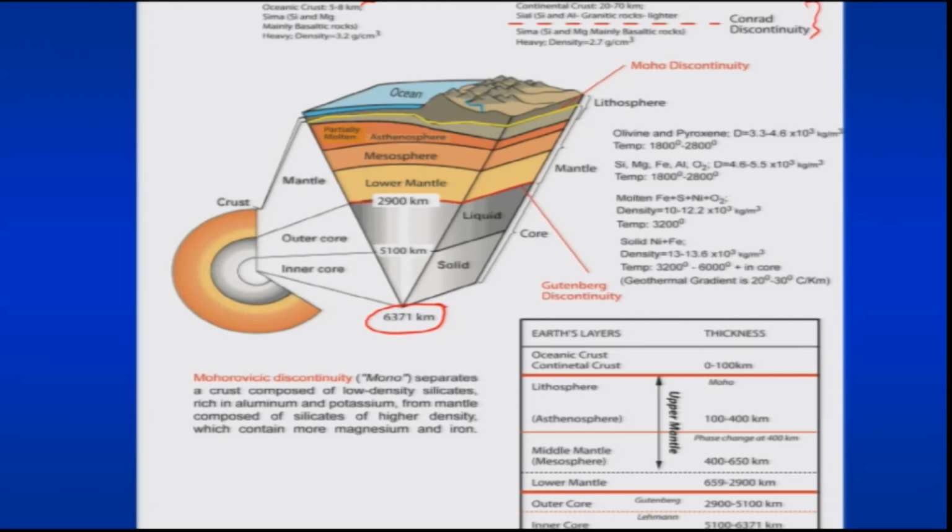I hope you know that the oceanic crust and the continental crust are moving; they are not stable, and have relative motion with respect to one another. The asthenosphere is responsible for that. Then we have the mesosphere, the lower mantle, and the outer core, which is liquid.